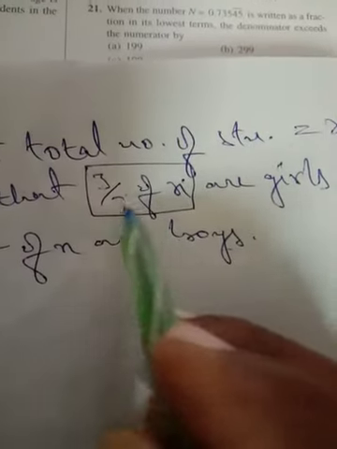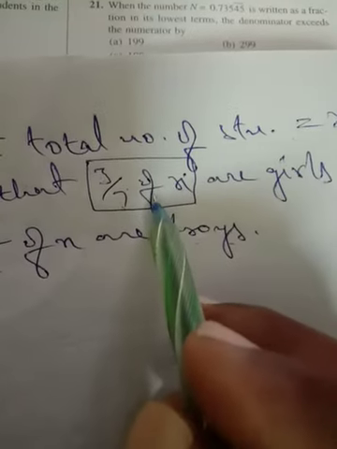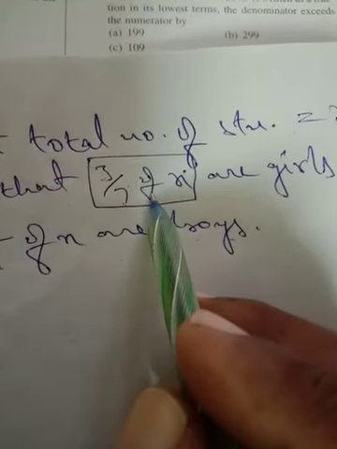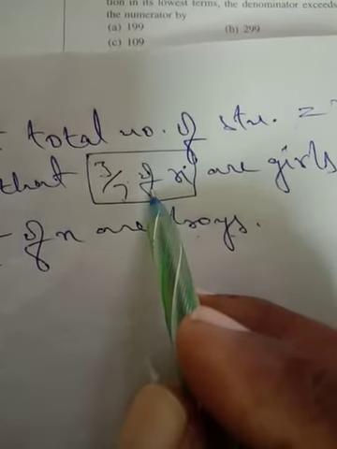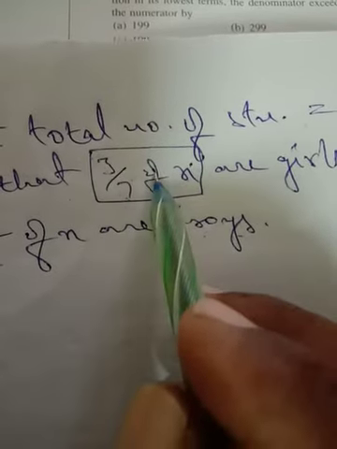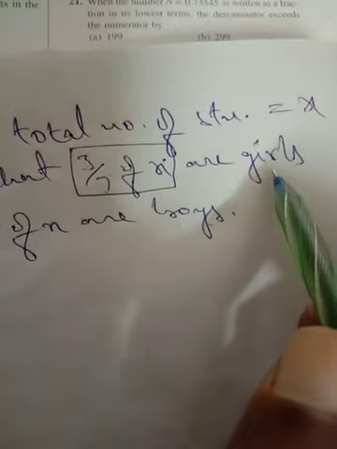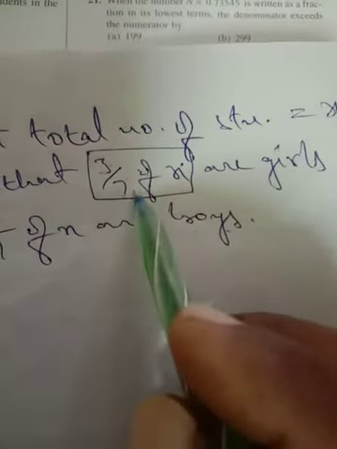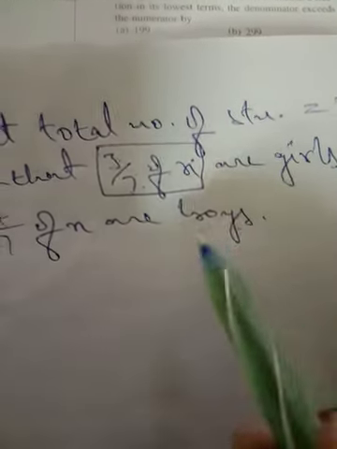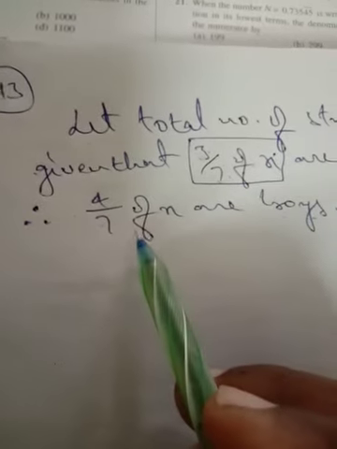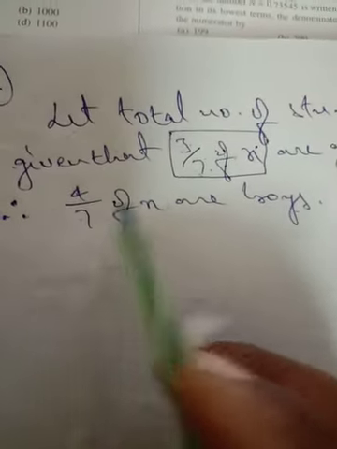Number of girls is 3 by 7 of x. 'Of' will change into multiplication. So 3 by 7 into x, the number of girls, becomes 3x by 7, and the number of boys we have to take as 4x by 7.